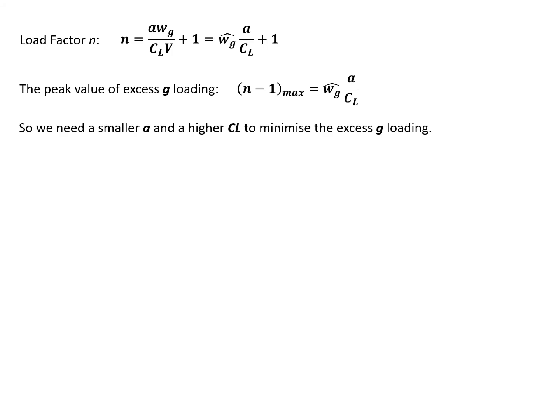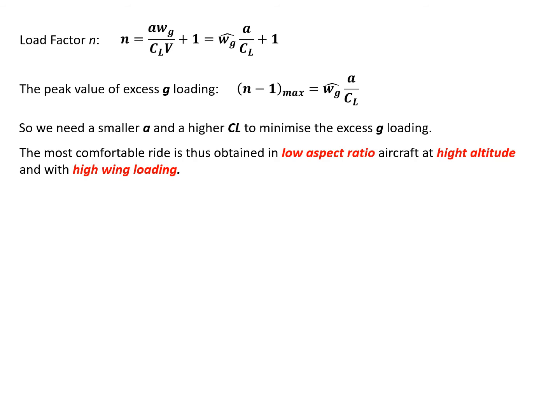In order to have a smaller excess G loading, what can we do? We need a smaller a. What is a? A is the slope of the lift coefficient curve, and a larger CL. In this case, we can minimize the excess G loading. That's what we usually do in practice.